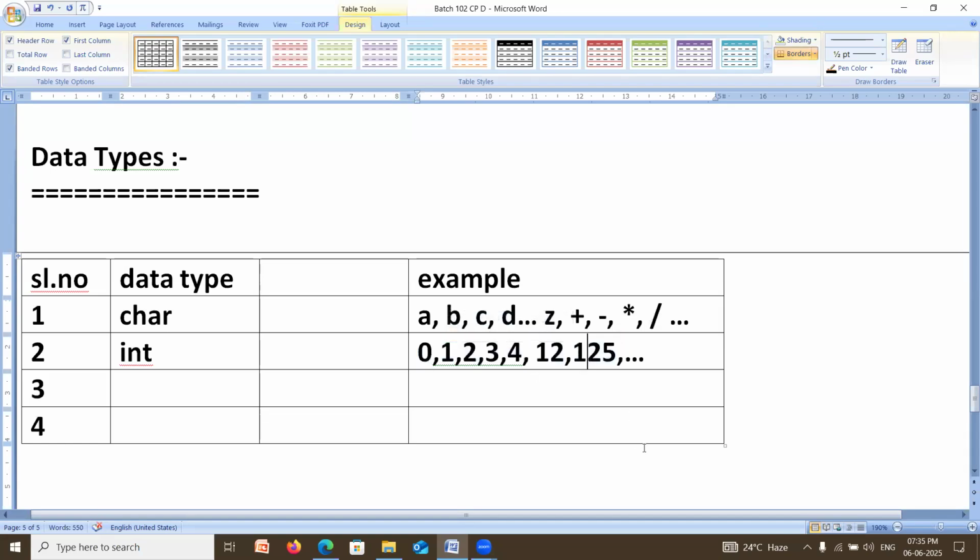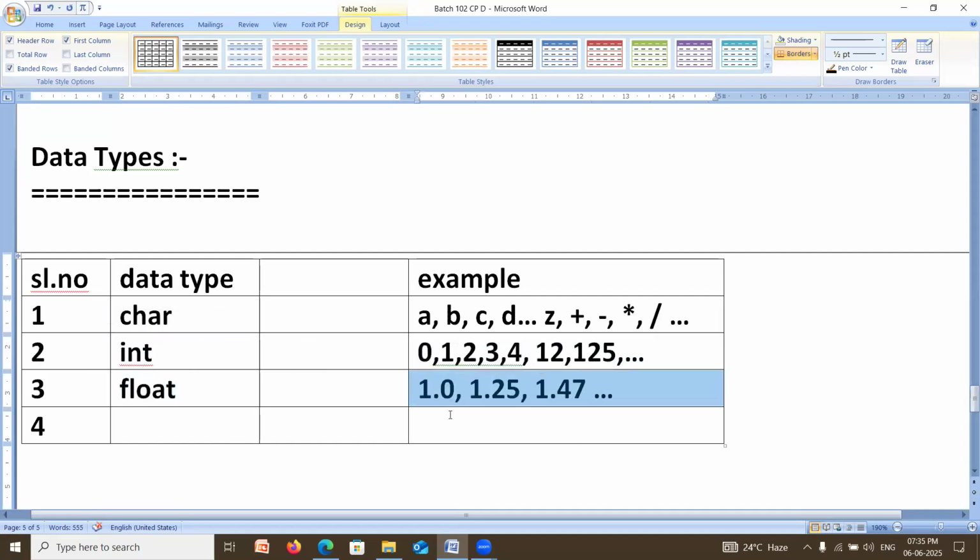If you write 1.25, it is not an integer. If you use the dot operator, 1.0, 1.25, 1.47 like that, then it is called float, floating point number. It is also a number with a decimal point. Without a decimal point means integer. With a decimal point means float.